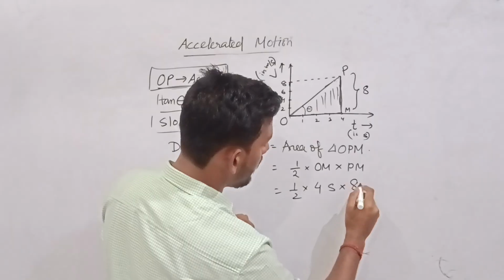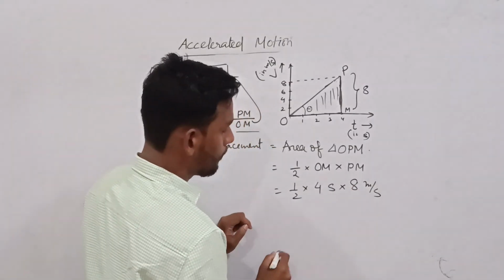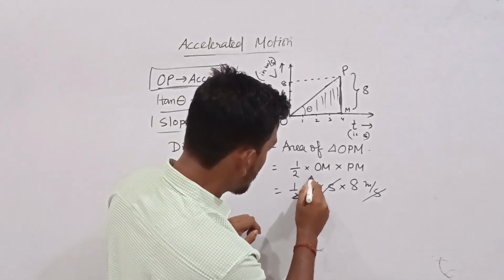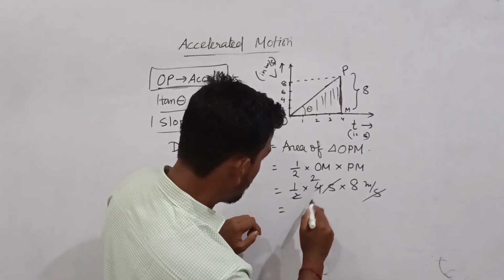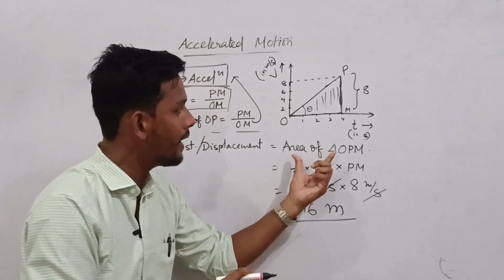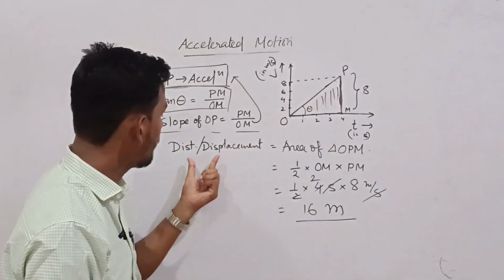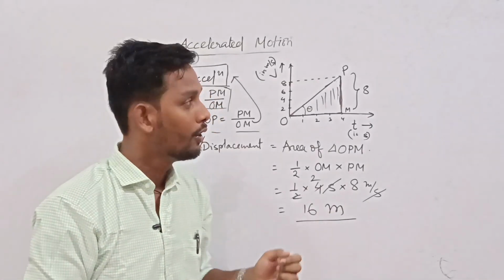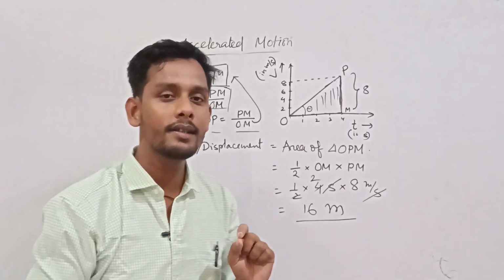So PM is 8, the velocity in meter per second. Second cancelled. Half into 4 into 8 is 16. What is the unit? Meter. So from the area of the triangle you can find the displacement or distance of that object.